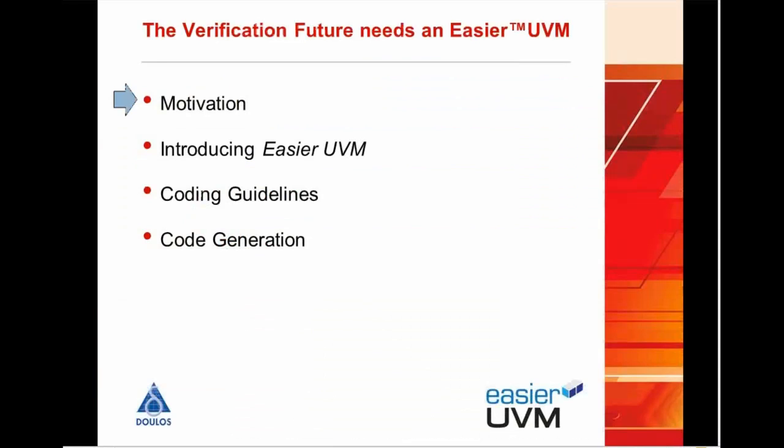This is the agenda. We have 4 topics. First, I want to dig in a little bit to the motivation, coming to an introduction to the EasierUVM. And this is what we are currently adding to the EasierUVM. That means we have quite a lot of coding guidelines which will help the users to write consistent code.